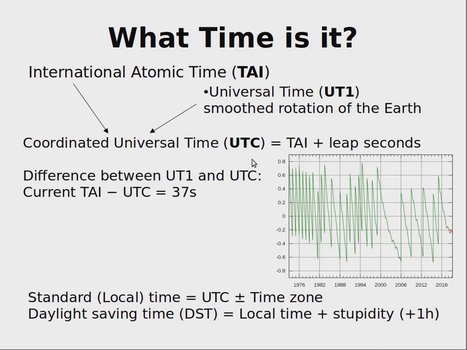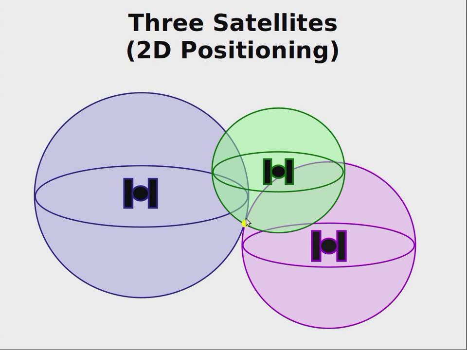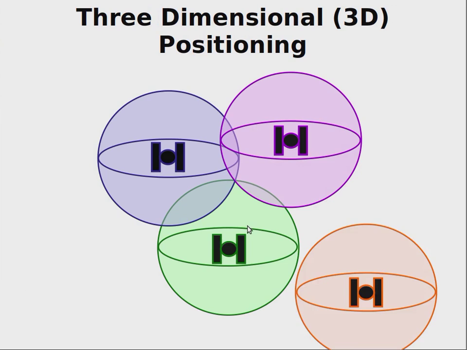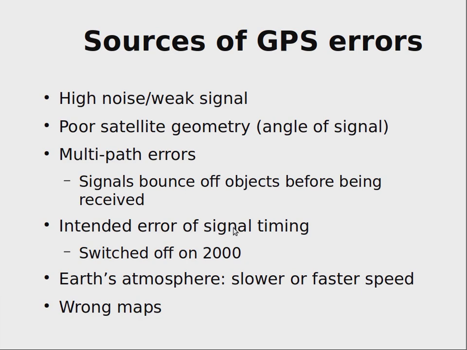And when you receive time from different sources, then you can calculate where you are between these two satellites, because for example, if you receive this time signal a little bit earlier here than there, then you know that you are a little bit closer to this satellite than to that satellite. And if you add a third satellite, you know your position very well in one plane. If you add a fourth satellite, you even know elevation. Of course, if they are not all on the same plane, and of course they are not on the same plane.